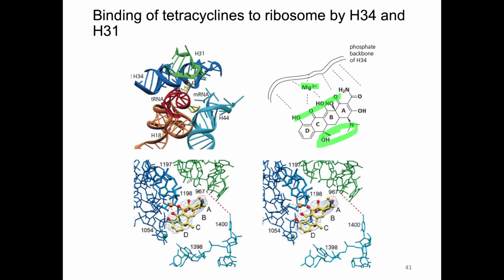And then down below that is just the stereo diagram from the literature that shows where the magnesium ion is, that's the species that I've just highlighted, where the hydroxyl functionalities coordinate to the ribosome, and then we have all four of those rings, and then the back four of those rings point into space. So there is the possibility for structural modification in those particular sites because there are no interactions between the drug and the binding site.